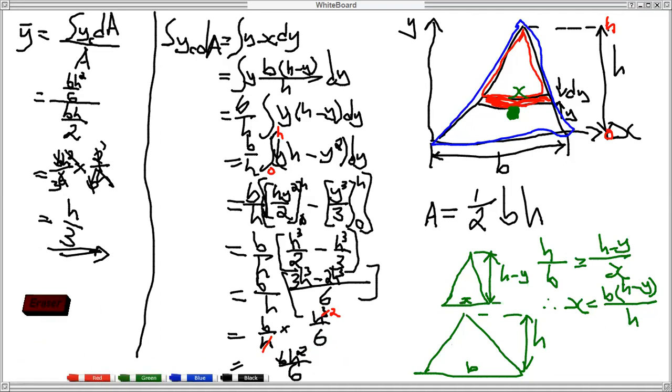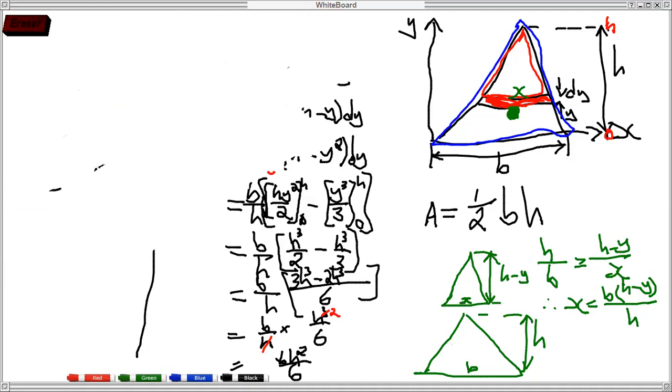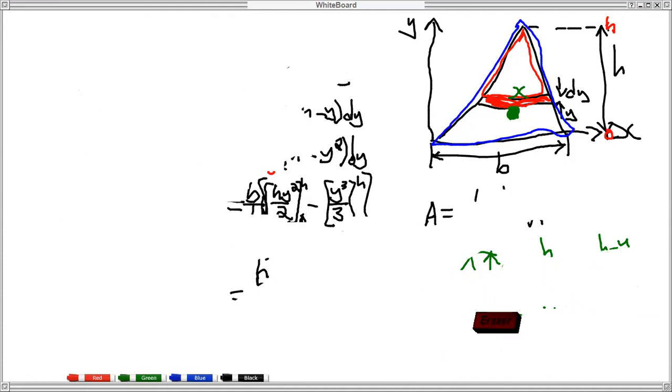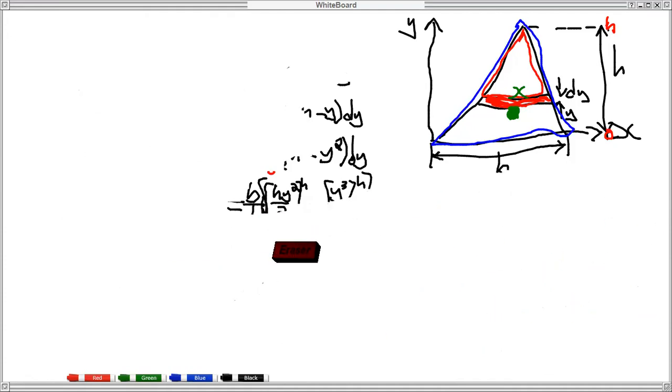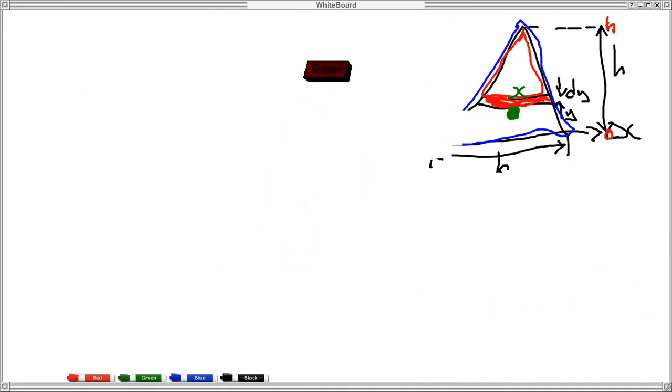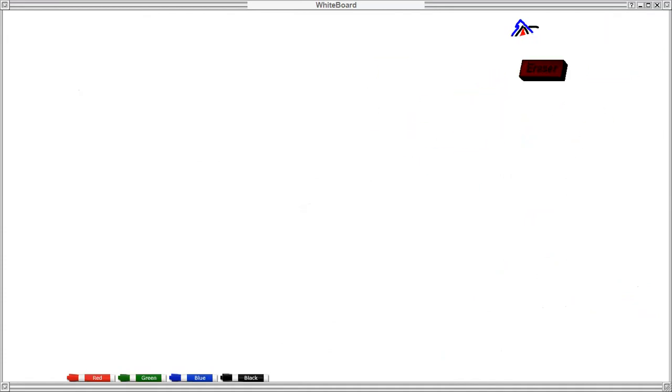Let me just erase this. Okay, with this one, what they're saying is calculate the position of the x centroid of the area of the circular sector shown.